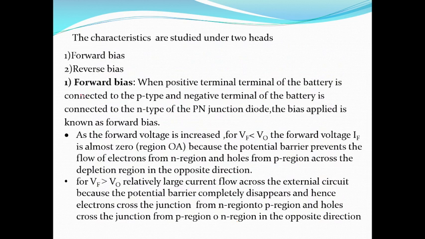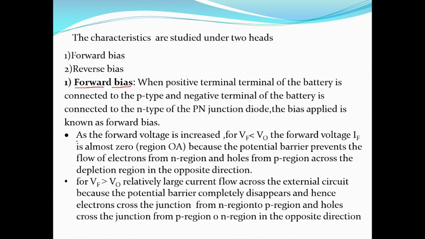Next, what is forward bias? We study forward bias when the positive terminal of the battery is connected to the P-type semiconductor and the negative terminal of the battery is connected to the N-type semiconductor. This we call forward bias.